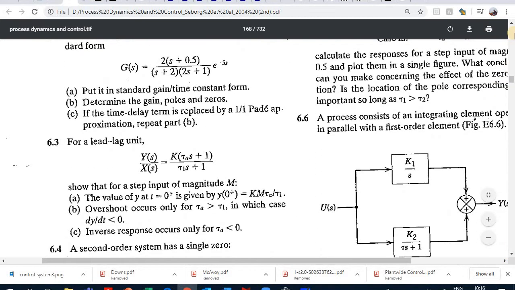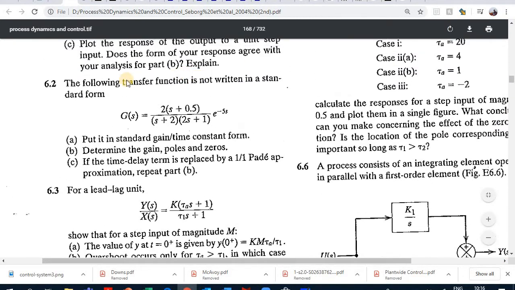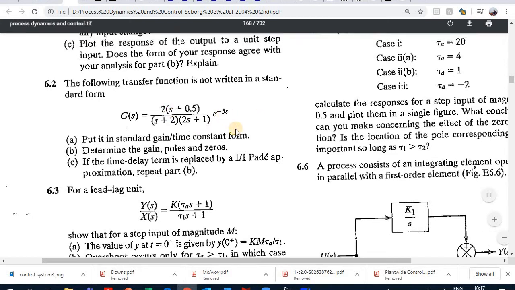So we are going to solve something similar in number 2. In number 2, I'm given the transfer function G(s) = 2(s + 0.5) / ((s + 2)(2s + 1)) e^(-5s).